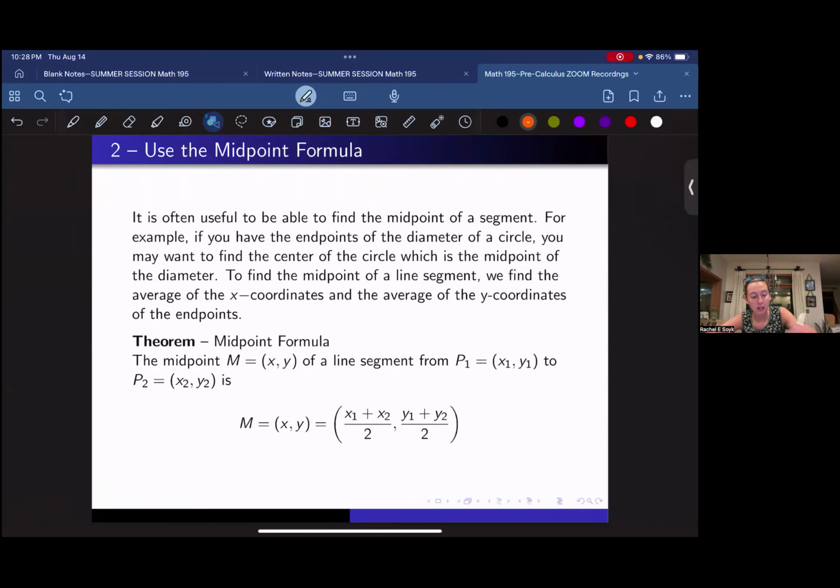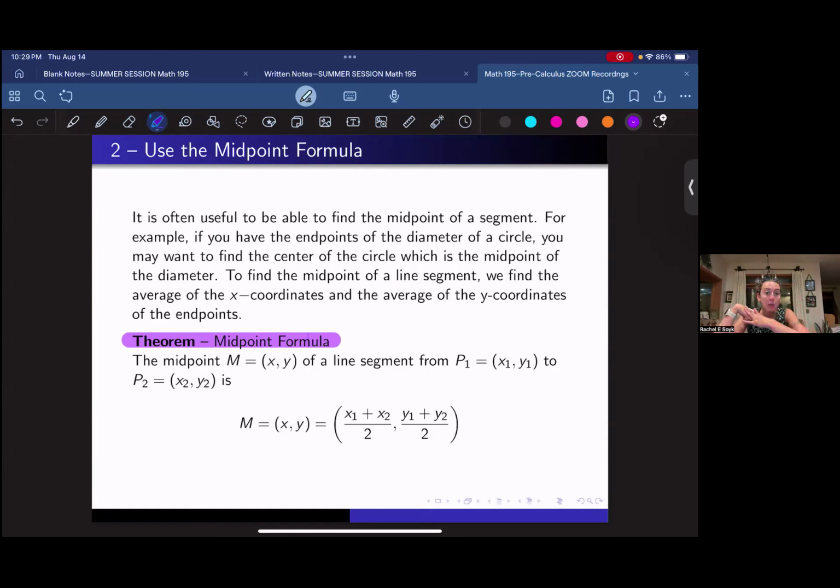Second objective is our midpoint formula. Midpoint, I like to think of the middle point, and then thinking about, okay, if I took 2 exams in my math class, what would be my average exam score? You add the 2 exams up, and what do we divide by? The number of exams there are, which are 2. So you add them up, divide by 2. Same exact concept here.